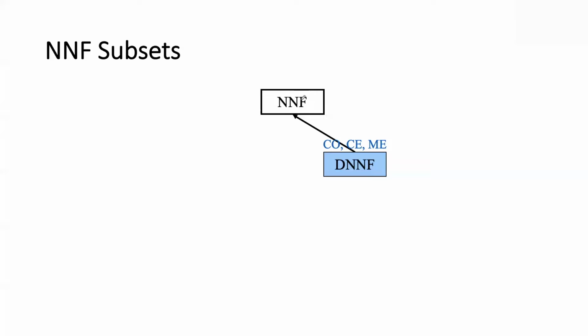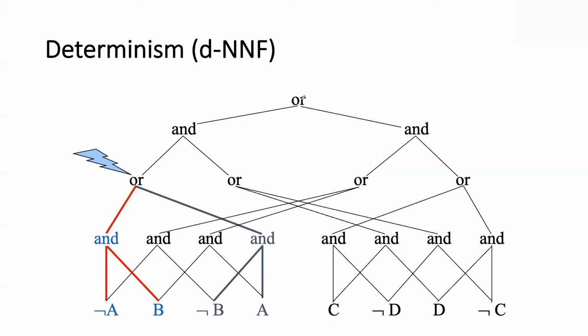So let's move on and do another property, which is known as determinism. Determinism refers to OR gates. So if you look at this OR gate here, and you look at the 2 subcircuits that feed into it, look at the first subcircuit. What does it represent?